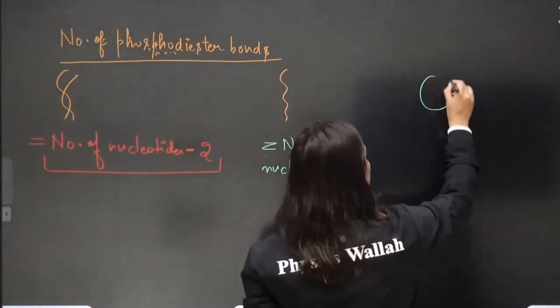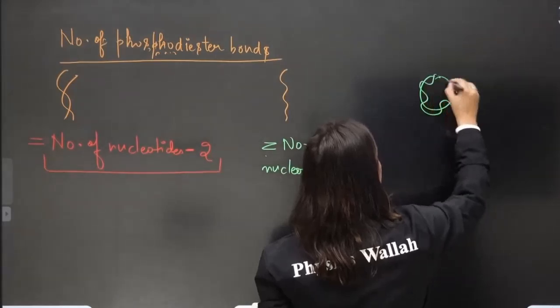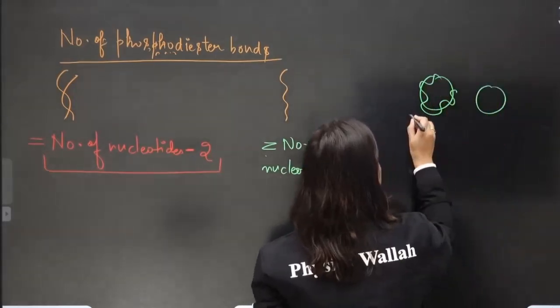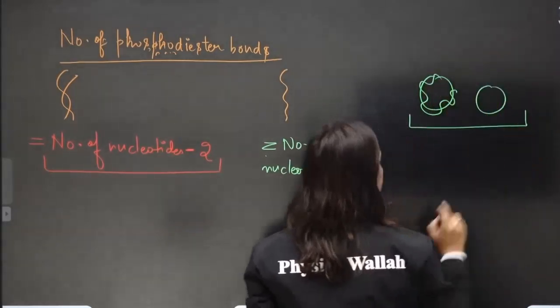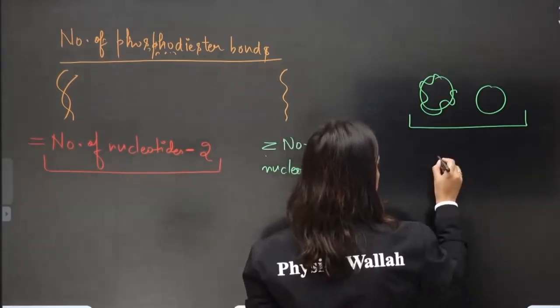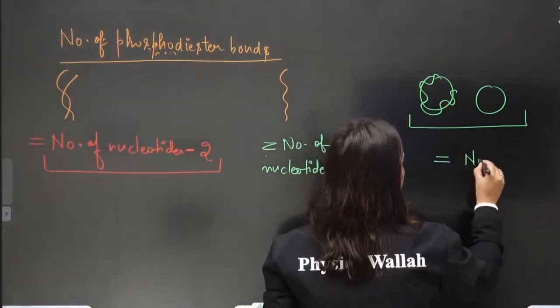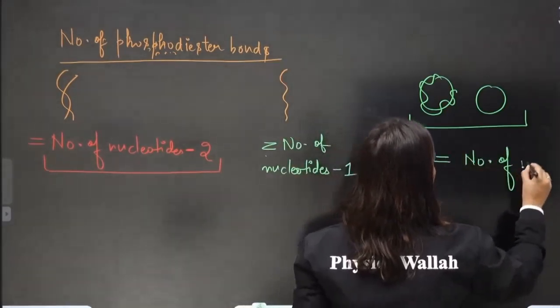In case of either double-stranded circular DNA or single-stranded circular DNA, in both cases, the number of phosphodiester bonds will be equal to the number of nucleotides.